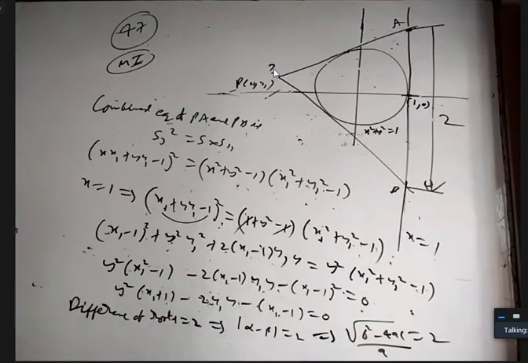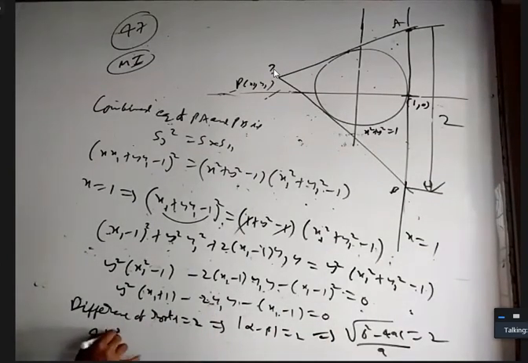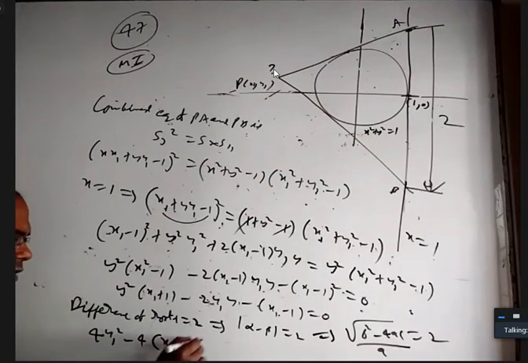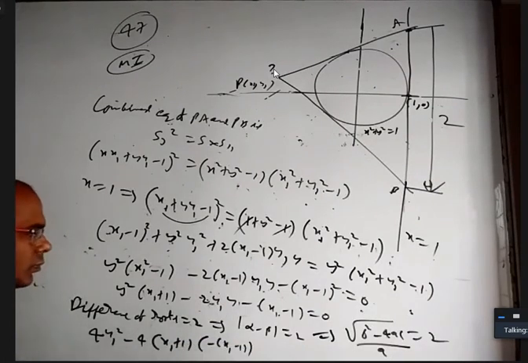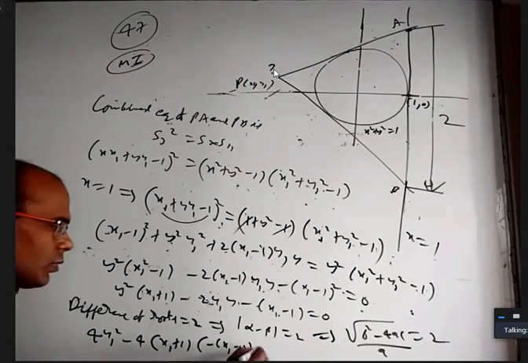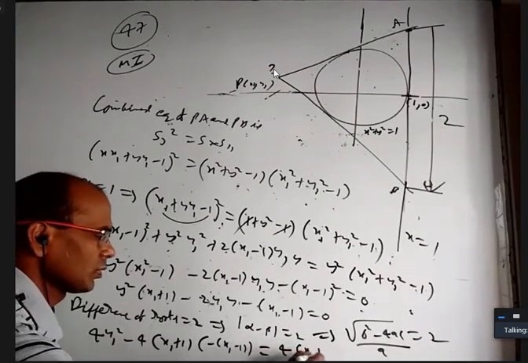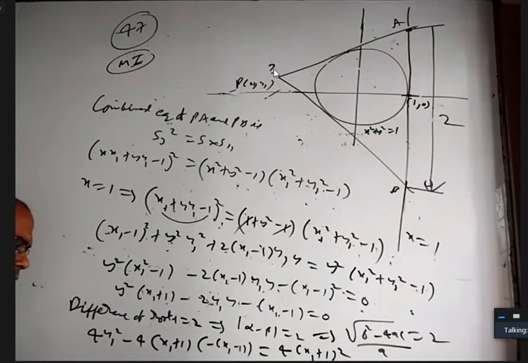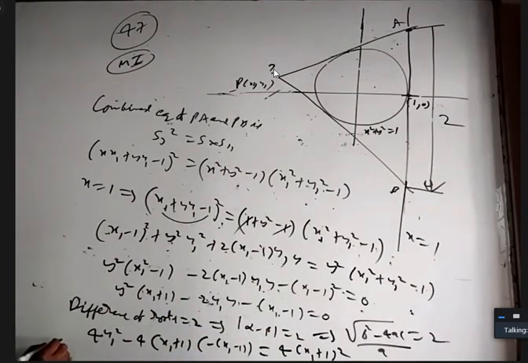Bring a to that side and square it. b square is this one, 4y1 square, and 4ac: a is x1 plus 1, c is minus of x1 minus 1. This equals 2a whole square, that is 4 into x1 plus 1 whole square. This becomes plus 4 into x1 square minus 1. You can send that side. 4 will cancel all over.